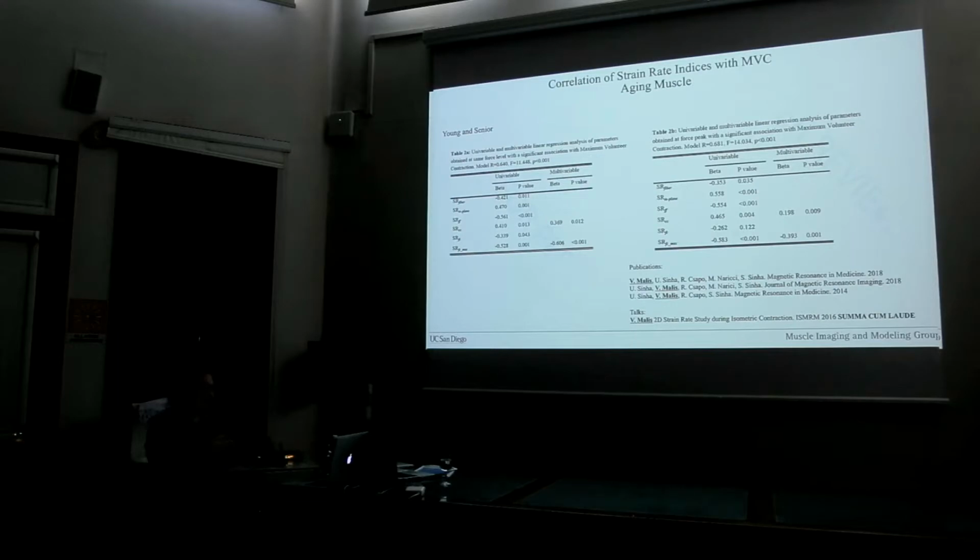And as I alluded to before, this strain in the perpendicular direction is also related to the costameres or some proteins in the extracellular matrix, right? So it does appear that in this analysis, where we only explored these indices for their association with force loss, the two indices that are related to the endomysium and could potentially be modulating the lateral transmission of force are significantly associated with force loss.